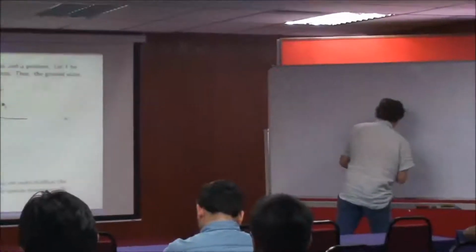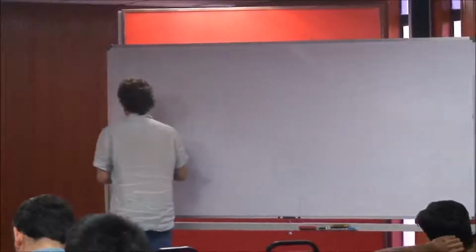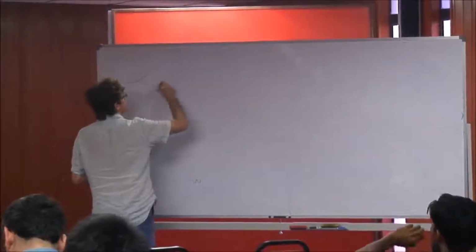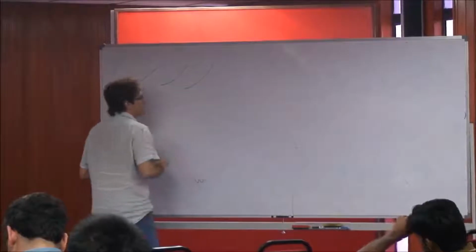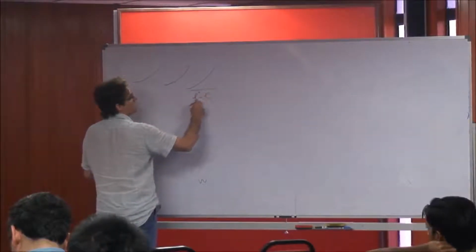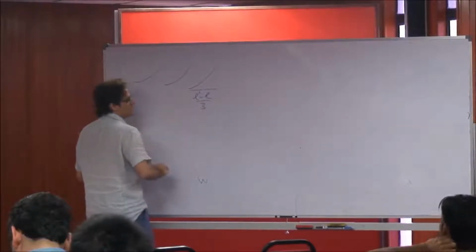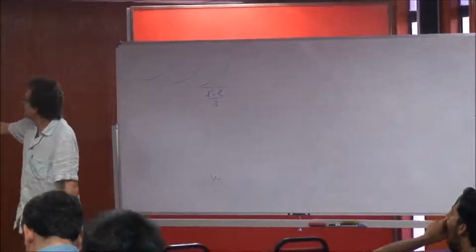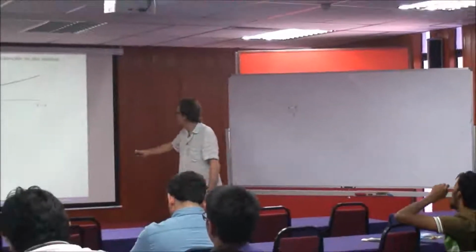They are made in this way. 1, 2, and 3. Okay? And they live on intervals of this length. So 3 times this sort of intervals.